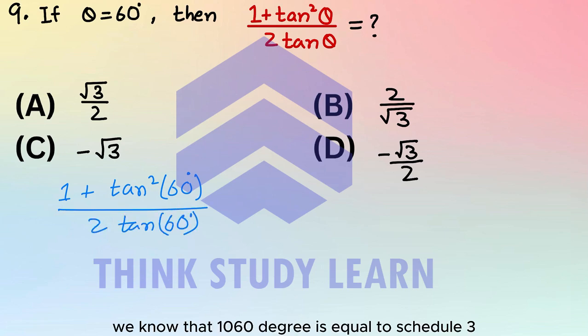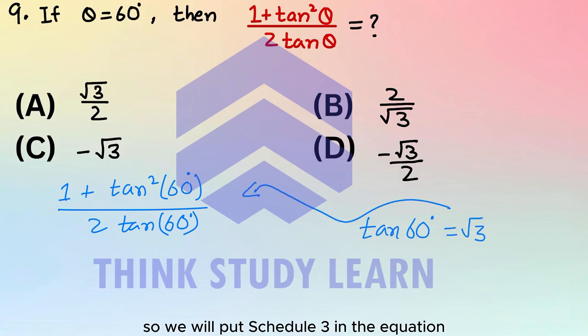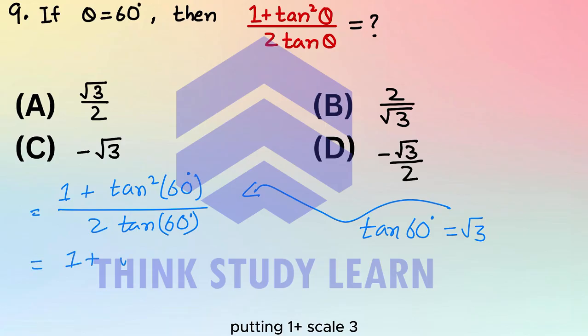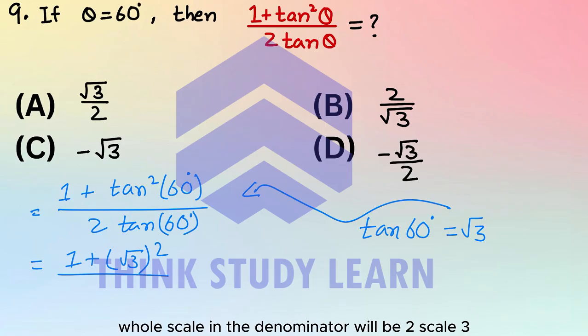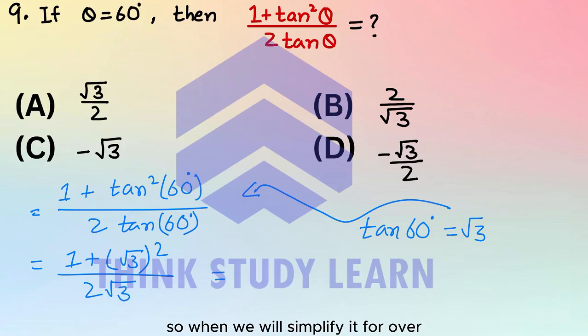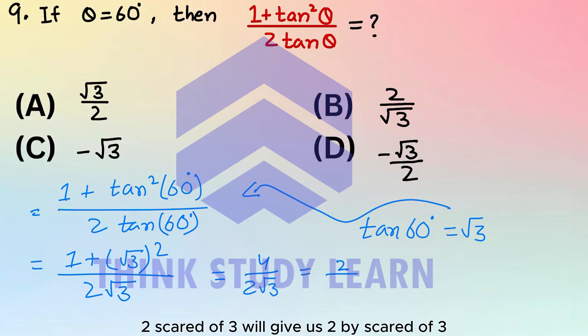We know that tan 60 degree is equal to square root 3. So we will put square root 3 in the equation. Putting 1 plus square root 3 whole square in the numerator, the denominator will be 2 square root 3. So when we simplify it, 4 over 2 square root 3 will give us 2 by square root 3. B option is the required answer.